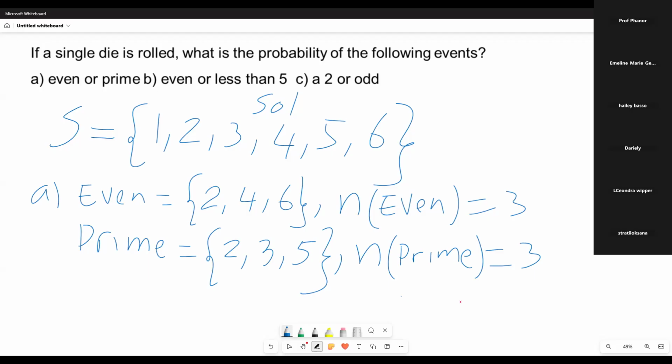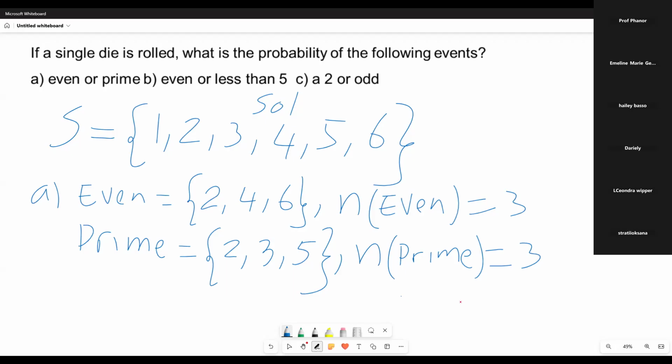Yes. Now, look at the two events. For even, the outcomes are 2, 4, and 6. For prime, the outcomes are 2, 3, and 5. What do you observe?